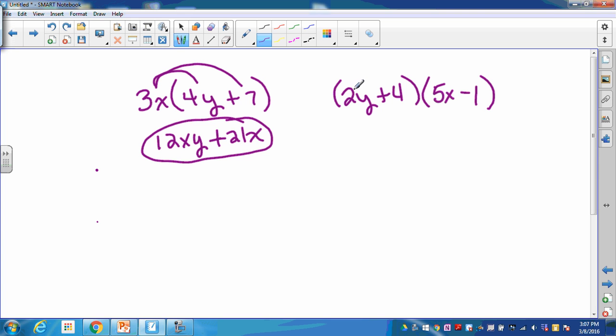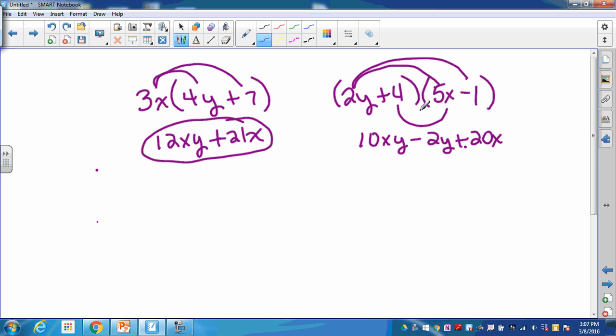It's simply the distributive property again. So you're distributing 2y times 5x, that gives me 10xy. 2y times minus 1 is -2y. 4 times 5x is plus 20x. And 4 times minus 1 is going to be -4.